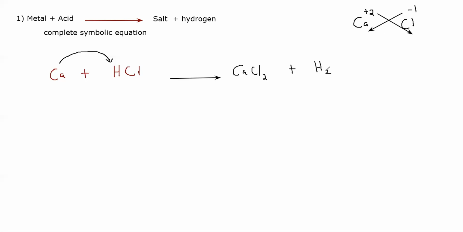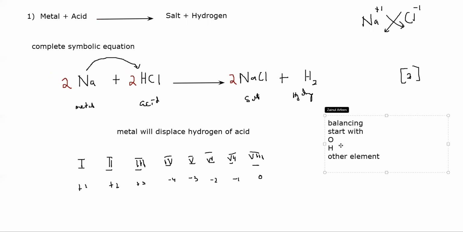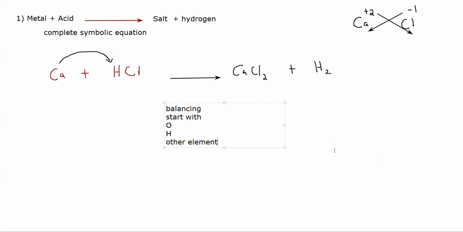The second thing is balancing this equation. For balancing, what could be the order? We start with oxygen, followed by hydrogen, and at the last, other elements. Any other order you can select for elements. So we start with oxygen, but we don't find any oxygen in this reaction.